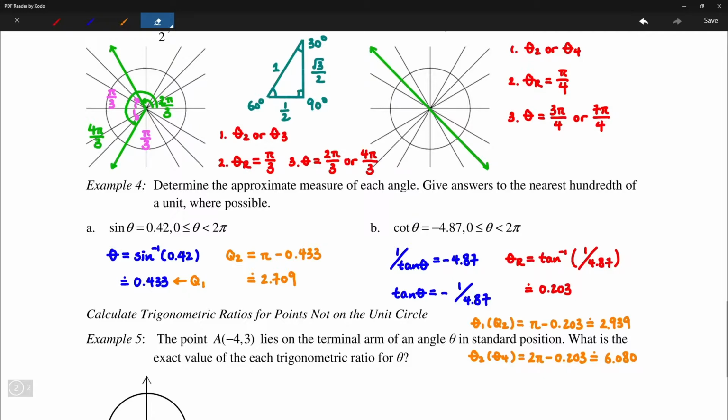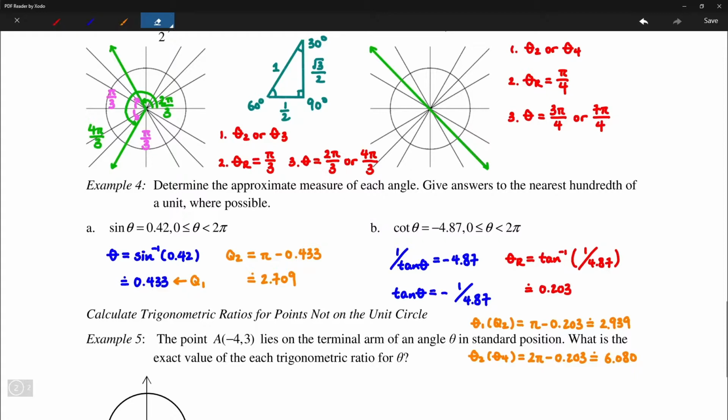The only other case is if the actual angle is in quadrant 3, something like this, then we will take the reference angle and add that to pi to find out what this angle actually is. So to summarize, if the angle is in quadrant 1, then we just use the calculator to find the inverse sine, cosine, or tangent to find the angle from the trig ratio.